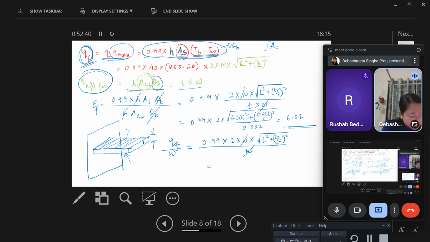Just directly substitute the values. 0.99 into 2 into, okay, there was an H also in the formula, so into H. H is 40.